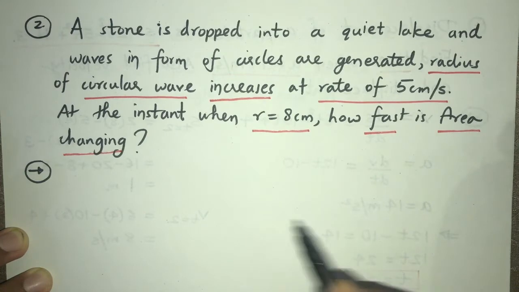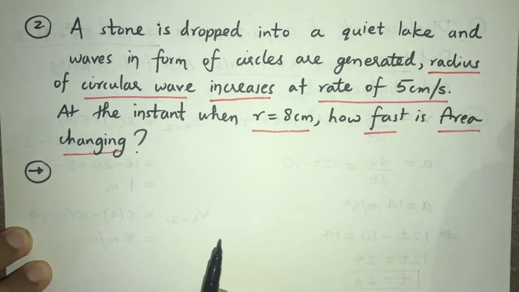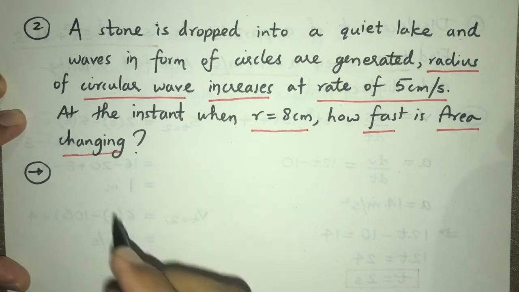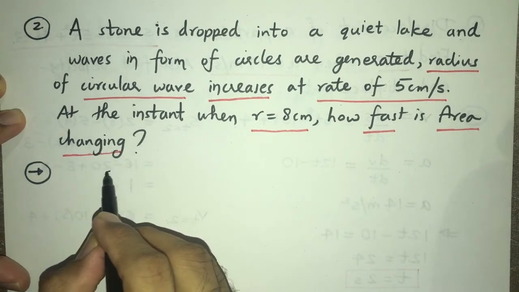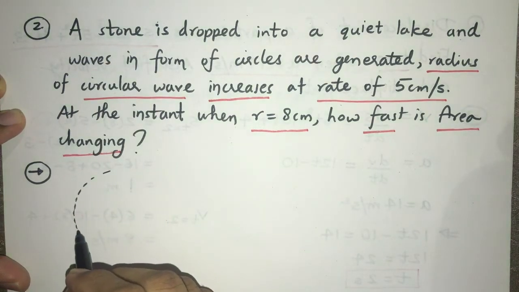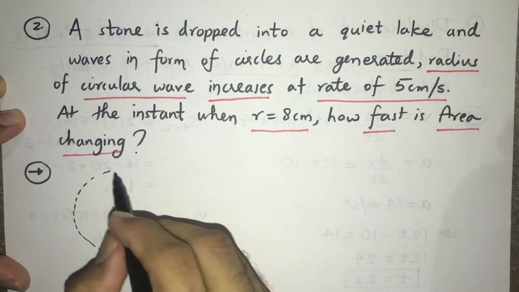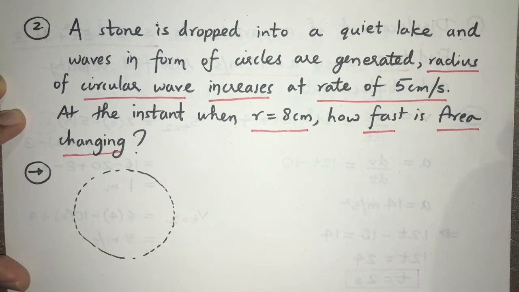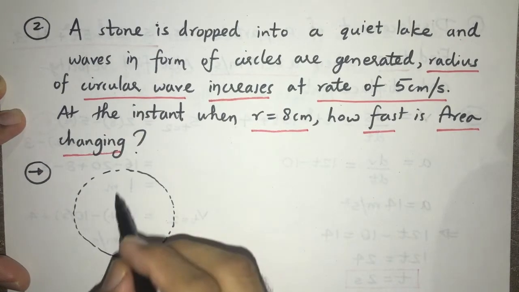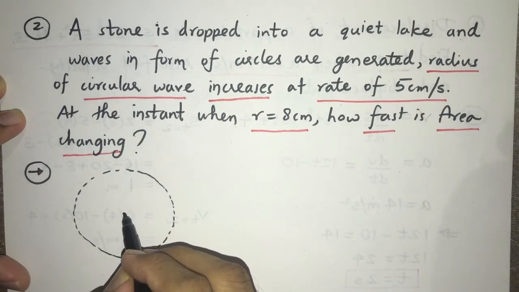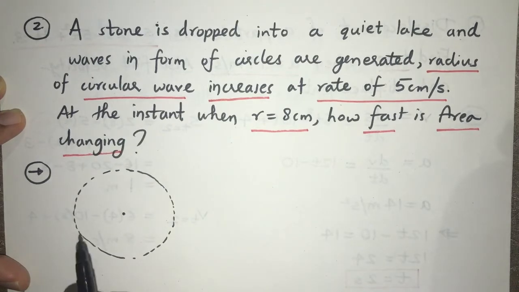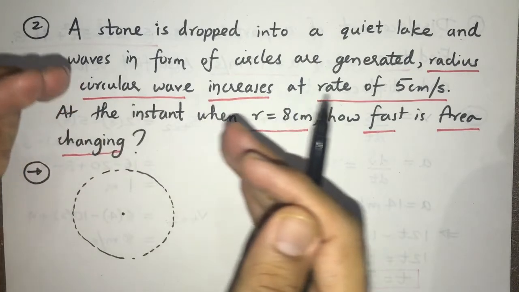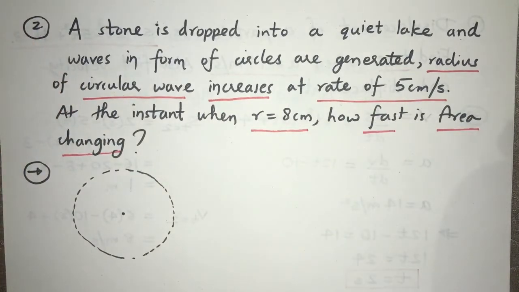So understand the question. What is happening is waves are formed, and the waves are circular. When the stone is dropped, the waves go out in concentric circles.